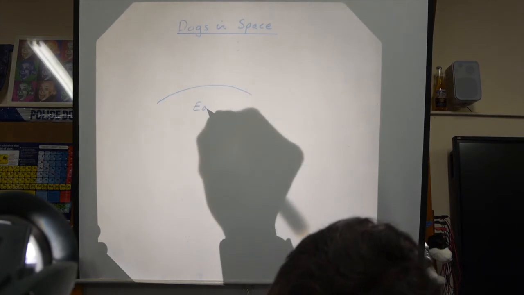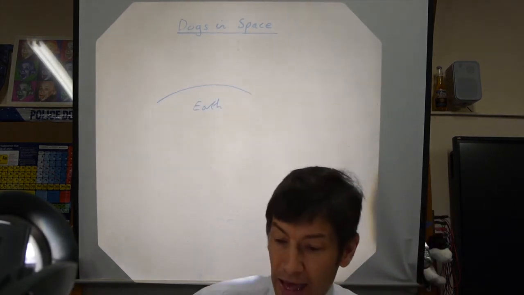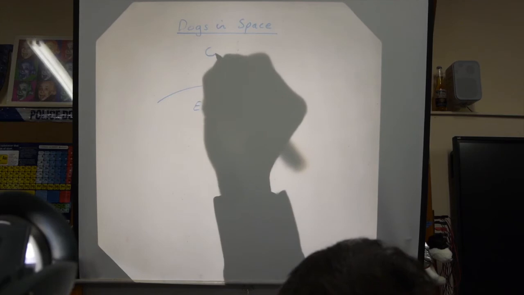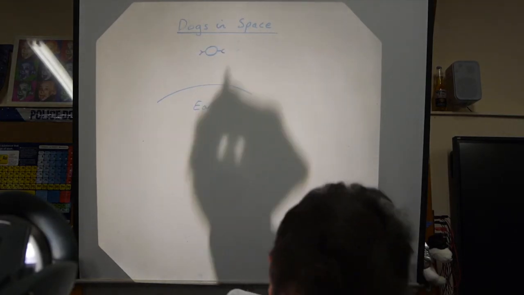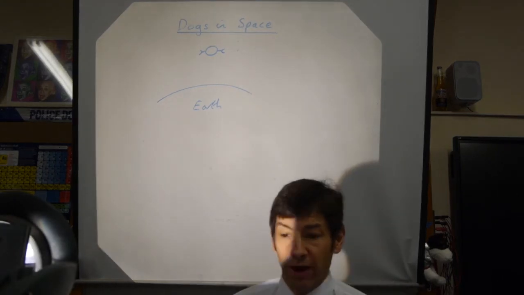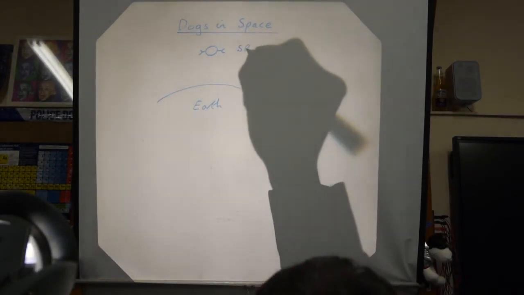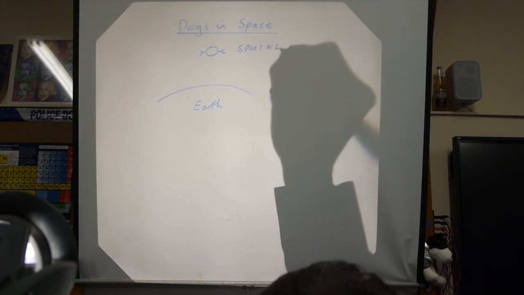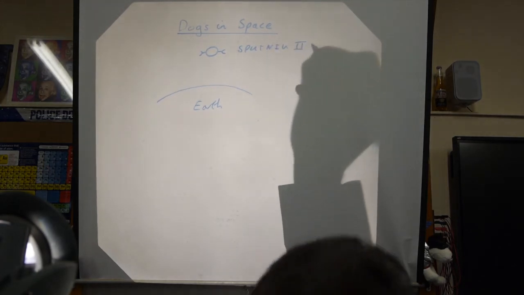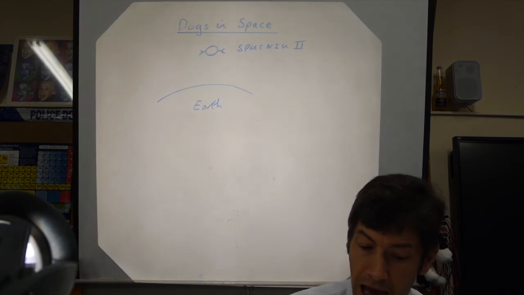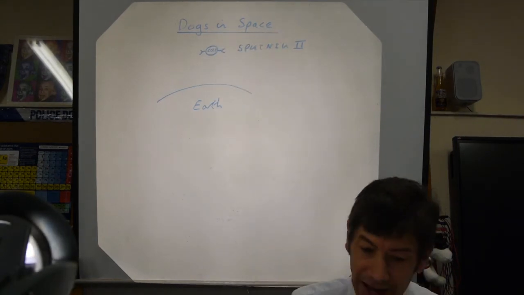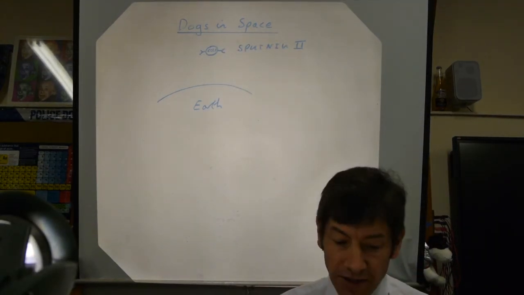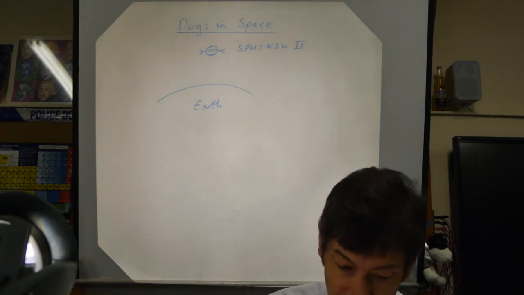And Laika, I'm not even going to begin to try and draw a dog, but there's Sputnik 2, and Laika's strapped into that. Blasted up into space. I suppose it had CCCP written on it, and I'd like to see if we can do some calculations.